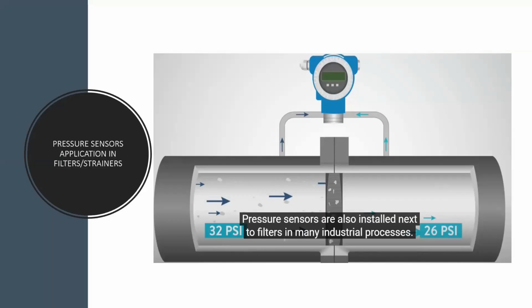For example, like this picture shown here, it's a direct flow of liquid, and you can see pressure sensors in this case installed in between a strainer or maybe a filter. We check the incoming pressure on this side, and then we also check the outgoing pressure on the other side, and then we compare the pressure.